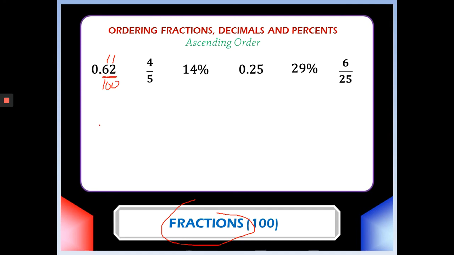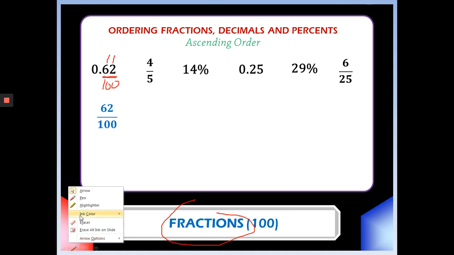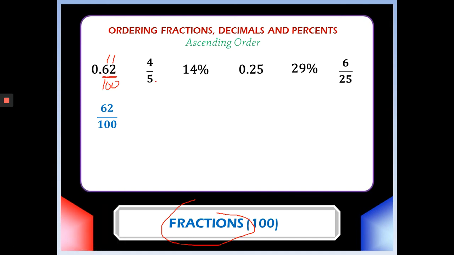So automatically 0.62 is 62 over 100. Okay, how about this 4/5? Yes, this is already a fraction, but we have to have all denominators 100. So we have to multiply this by a factor to make this 100. What do you think is the factor? It's 20, right? 5 times 20 is 100. The same with 4. 4 times 20 is 80. So that's the numerator.